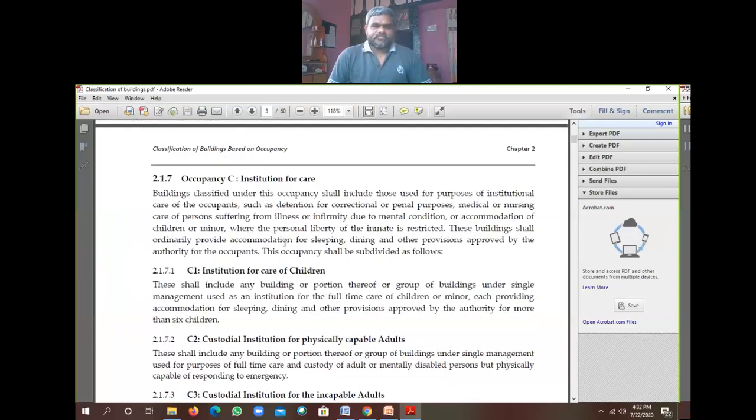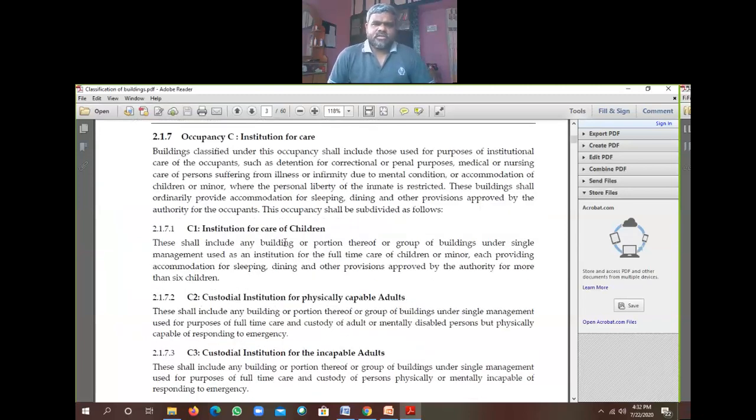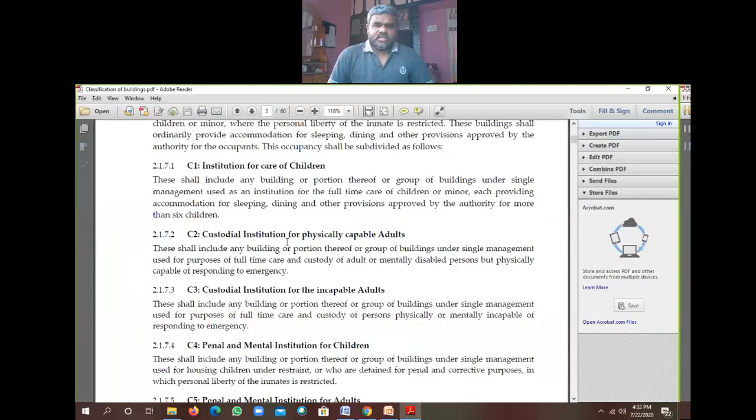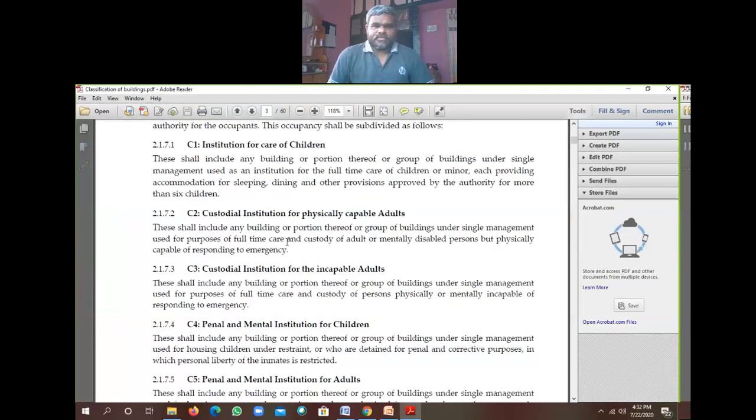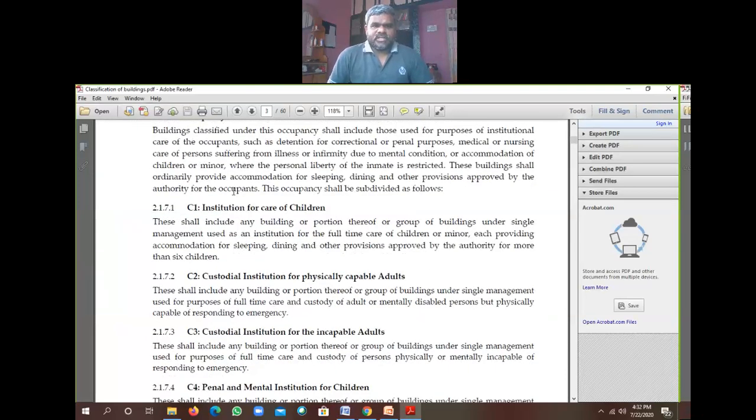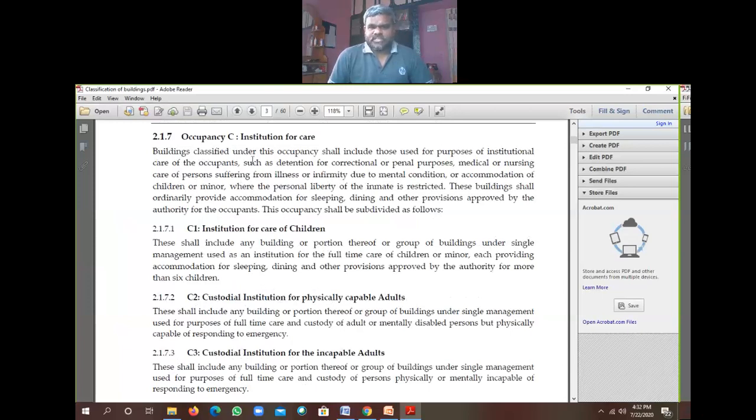Next, group C, institutional buildings, right? These are subdivided into five types. See, the buildings classified under this occupancy shall include those used for the purpose of institutional care of occupants, such as detention for correctional or penal purposes, meaning jails, right?